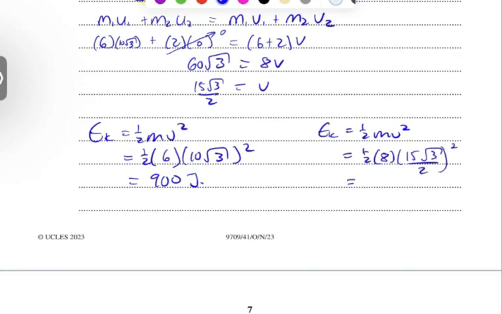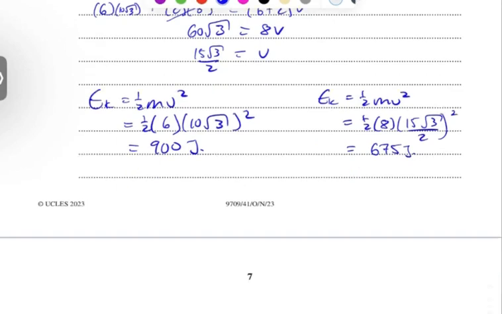So 0.5 times 8 times 15 root 3 over 2 squared is 675 joules. So before was 900, after 675.